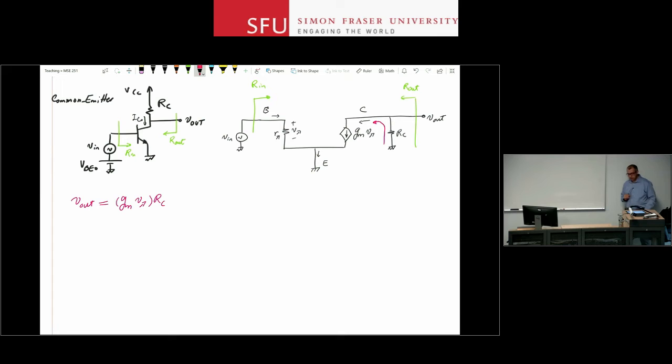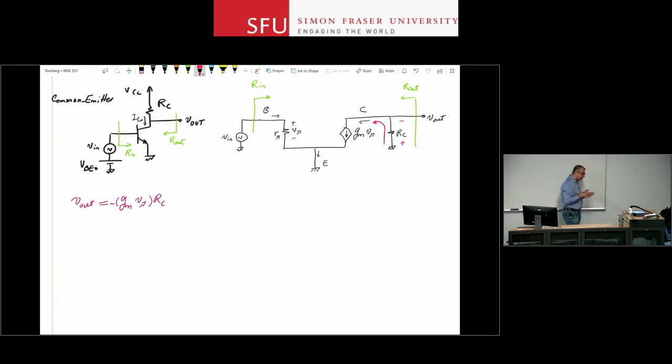So that's V out. But what I notice is that the current is going from ground up. So the voltage drop across the resistor will be more positive on the ground side than the other side. So what that means is that I have to have a negative sign here. Okay, so V out is minus gm V pi RC.